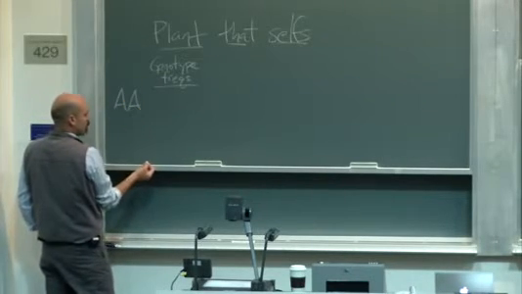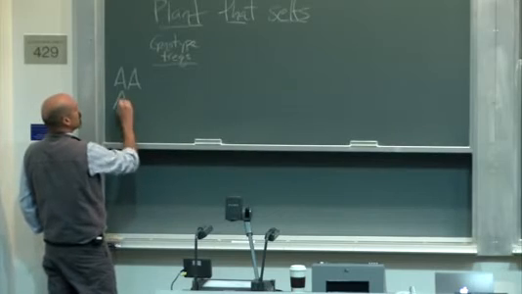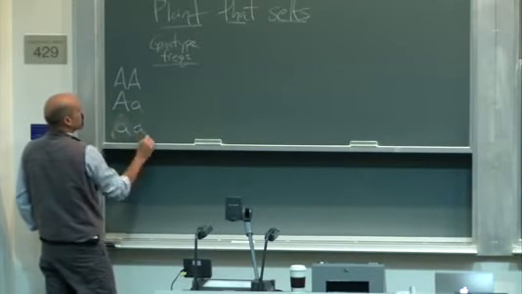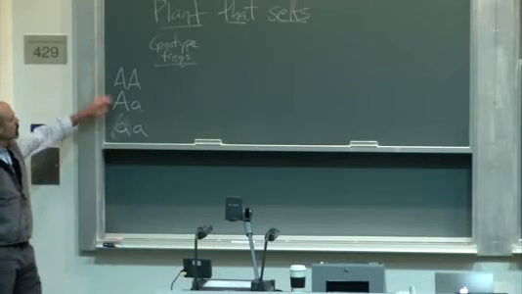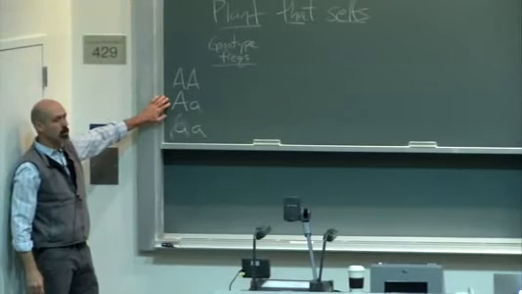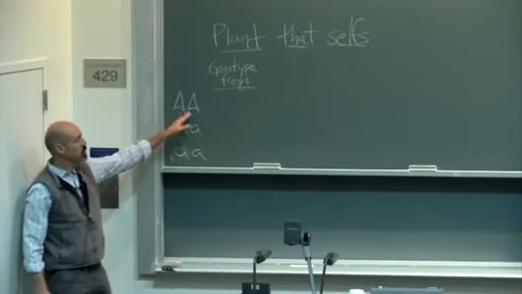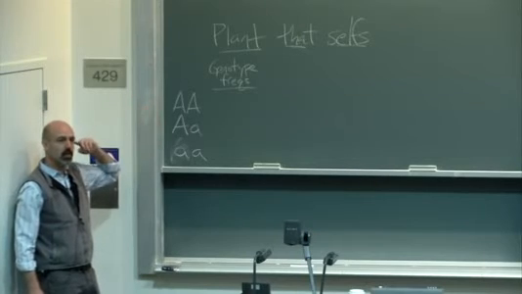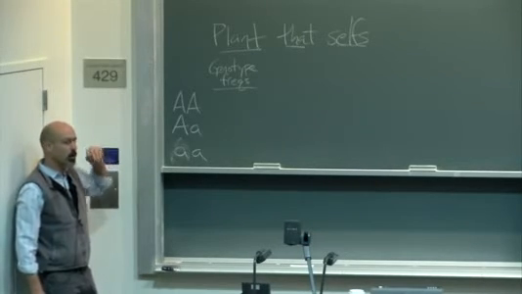And let's just use our familiar notation of capital A and lowercase a. So homozygous for the big A, homozygous for the small a, and your heterozygous individuals. The two A's representing the two different alleles in this biallelic species, or biallelic at this locus, right?